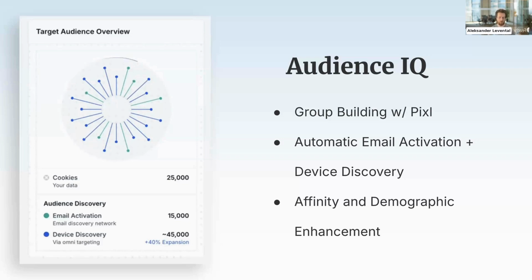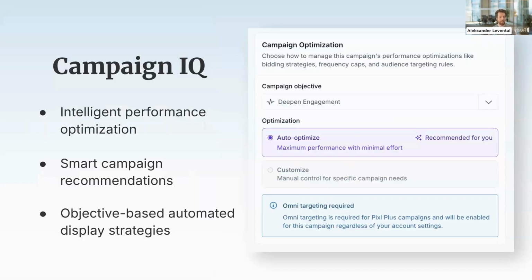As we go through the demo in a few minutes, I'll give you more direct examples of what these are. And then Campaign IQ is the other set of features and tools, designed around making your campaigns more intelligent.